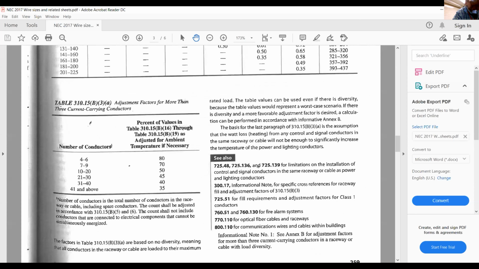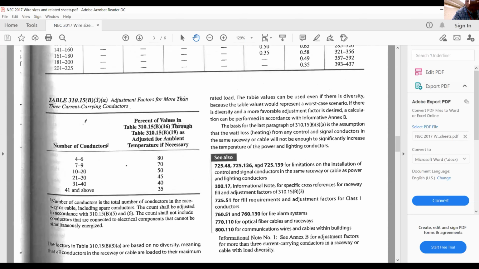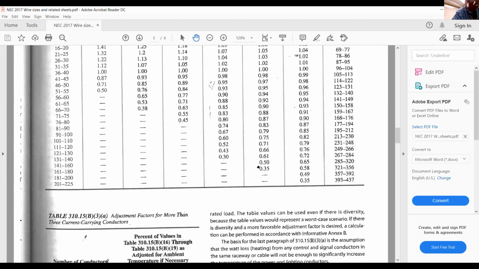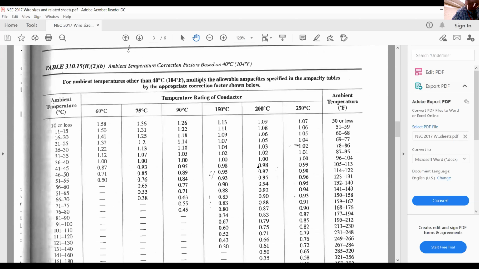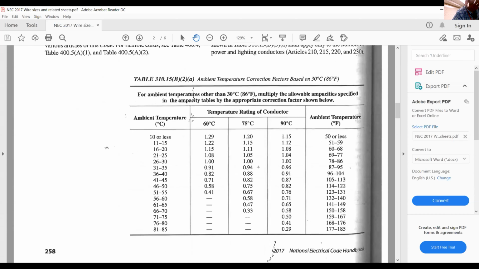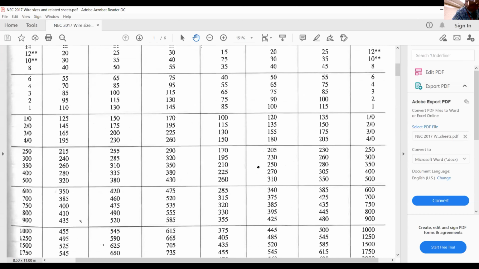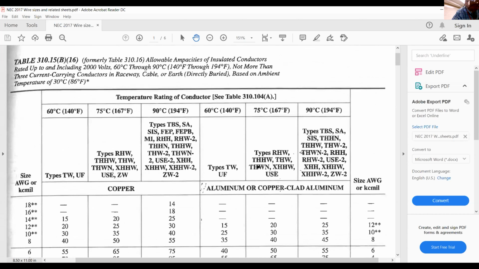So in view of that, another thing, while we're at it, if you back up to page 2, actually, go back to the main chart here. Let me show you another factor that reduces the amp rating on the wire. Watch this.